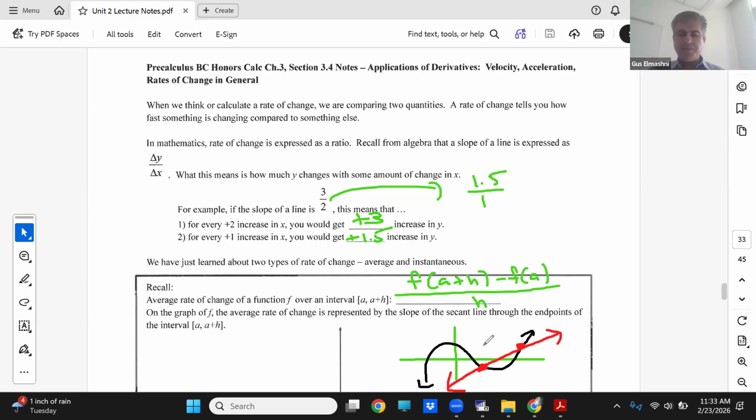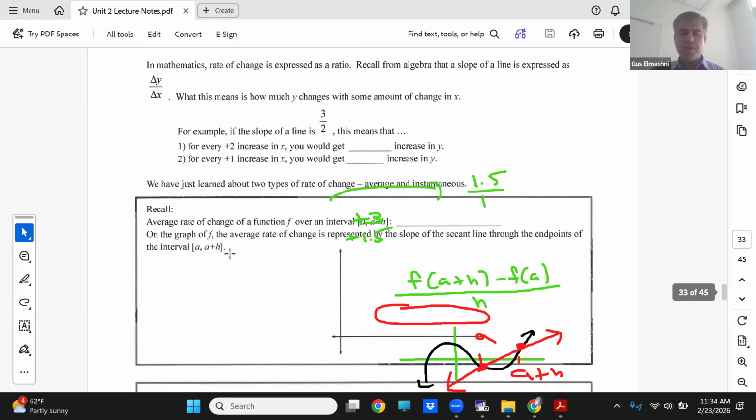So that's A, and say it's B. Or sorry, A plus H. My apologies. So we call it the slope of what? What line is that called? Secant. There we go. That's all you're doing.